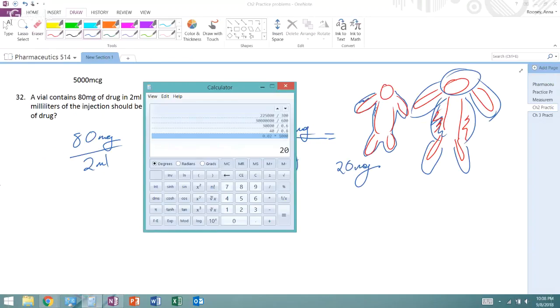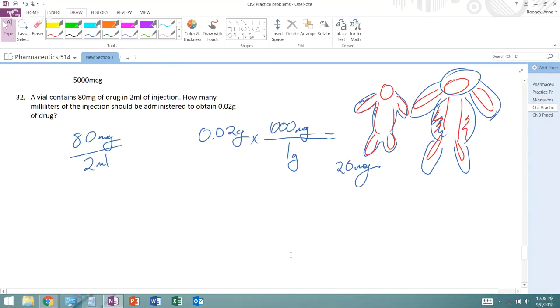Yeah, okay. So we need 20 milligrams to give to this person. And so that would be 40 milligrams per 1 milliliter. So then you would just look at that and go, oh, that's half of that. So I just need half a milliliter.